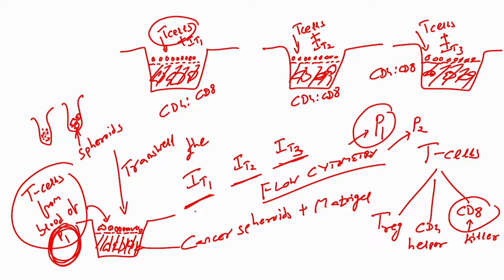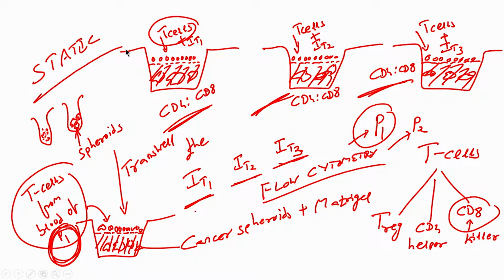What is the difficulty in this? The difficulty that you can see here is that each of these is a static platform. All 3 of these are static platforms. What we require is a dynamic platform. Why do we require a dynamic platform?